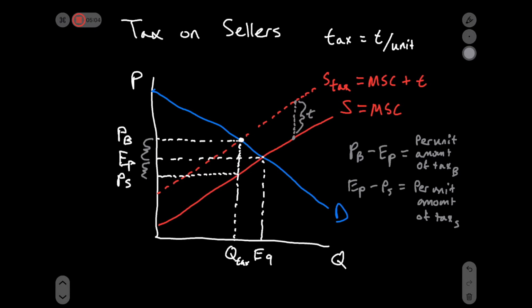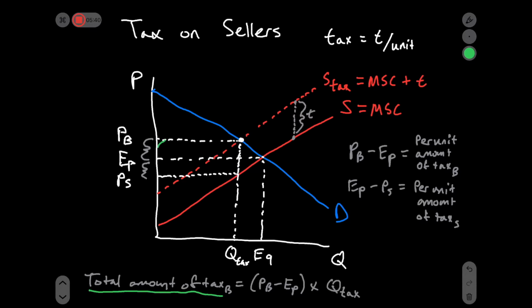And what is the total amount? So let's say down here, the total amount of tax paid by buyers. That's going to equal the new amount that we just found, P sub B minus E sub P, multiplied by the quantity that buyers pay with the tax. In other words, I'll highlight this area in green, as this rectangle.